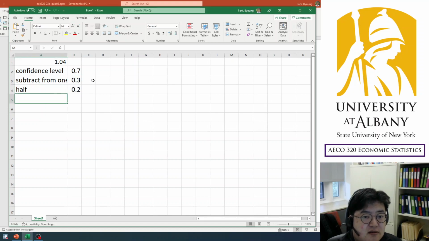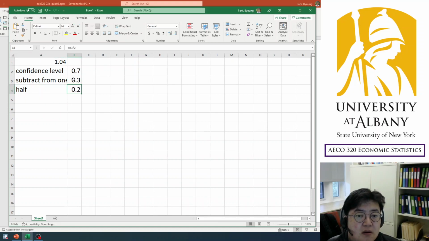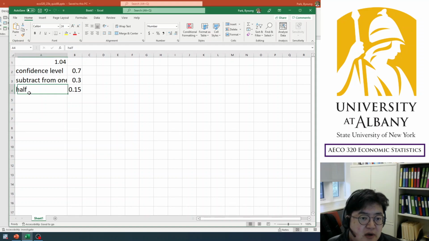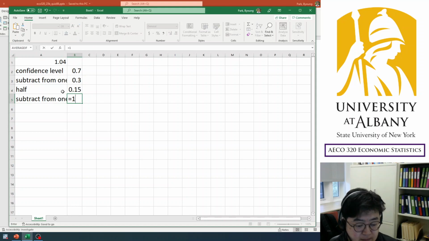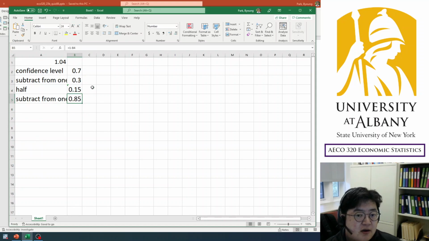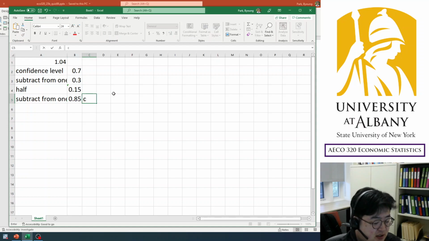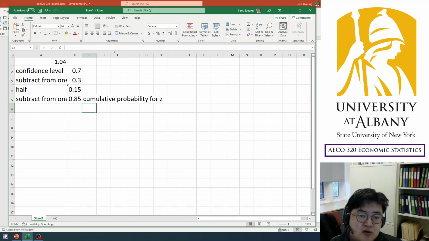And again, subtract from 1 again. This is the cumulative probability. This is the cumulative probability for the z value, right?